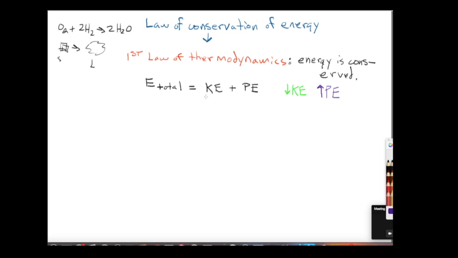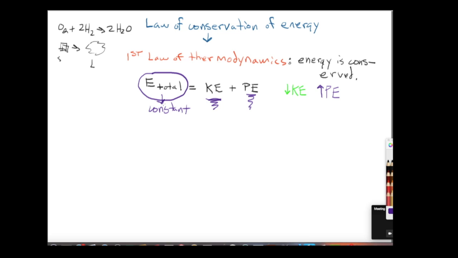Otherwise this number is not going to stay constant, and this needs to remain constant. So the kinetic energy and the potential energy are in a mutual relationship. If one is decreasing, the other has to go up, so that the total for everything stays the same.